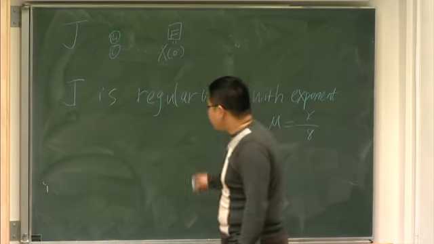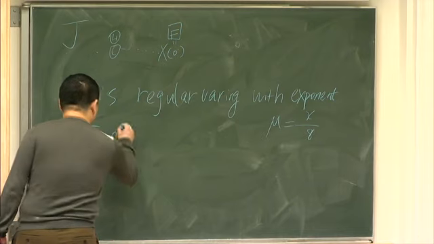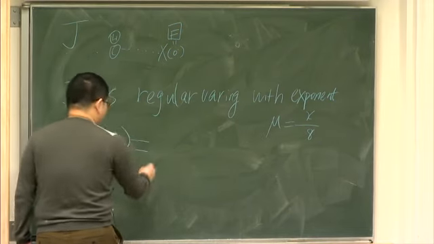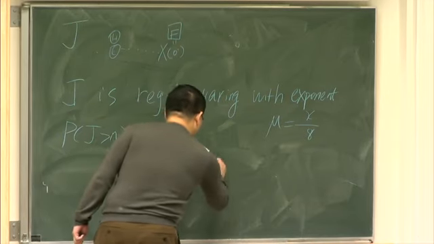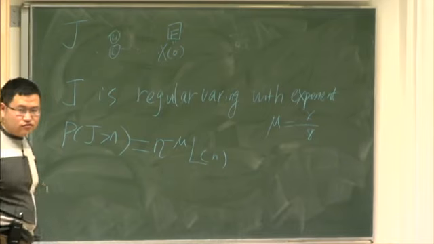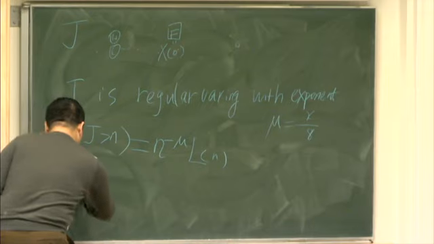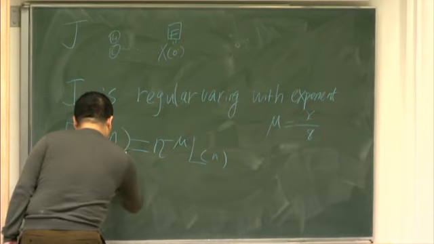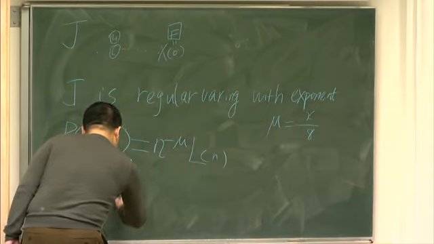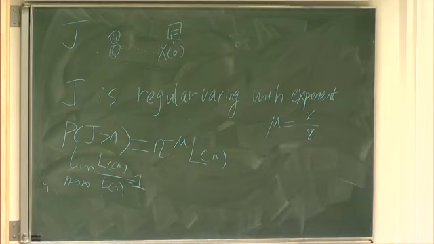The real definition is given by saying that the probability J is bigger than n equals n to the minus mu times Ln, and this Ln is a slowly varying function. This is a key technical ingredient we proved.